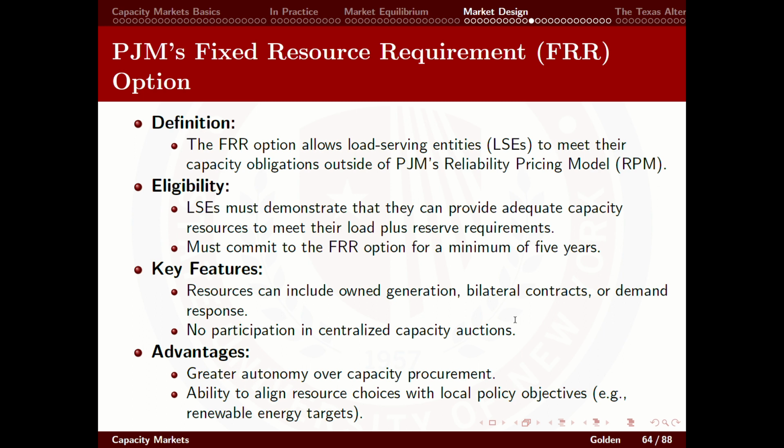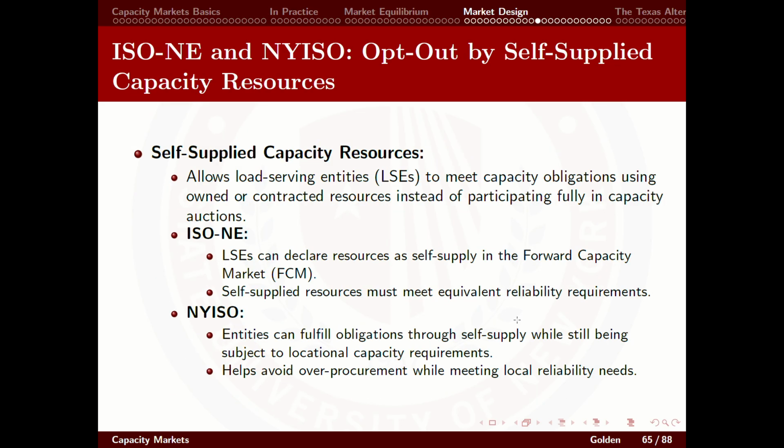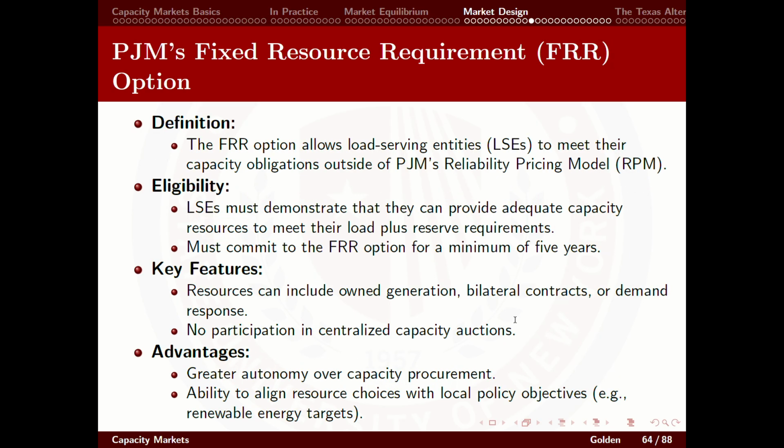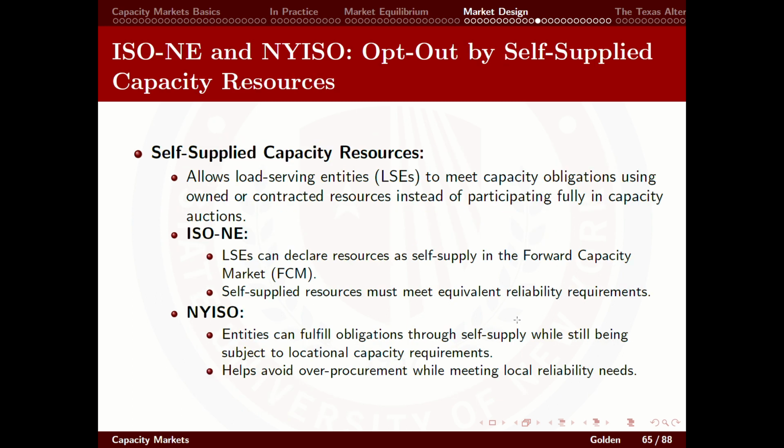Sure, let's align your resource choices with local policy objectives, and let's see if your grid can sustain it. By the way, I wasn't saying that was a thing that happened. It's what I picture when I think about local load-serving entities choosing to opt out of capacity markets because they want to fit their own resource objectives.